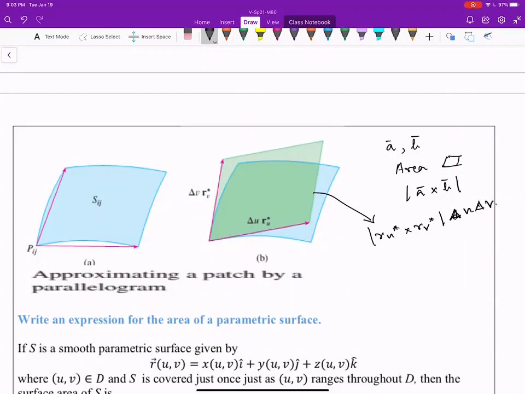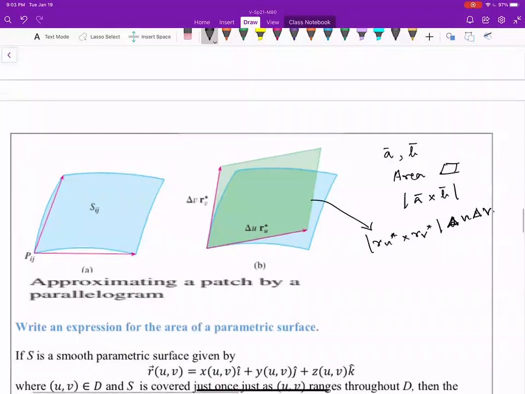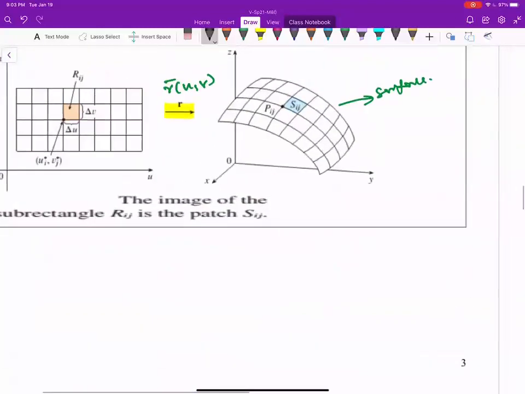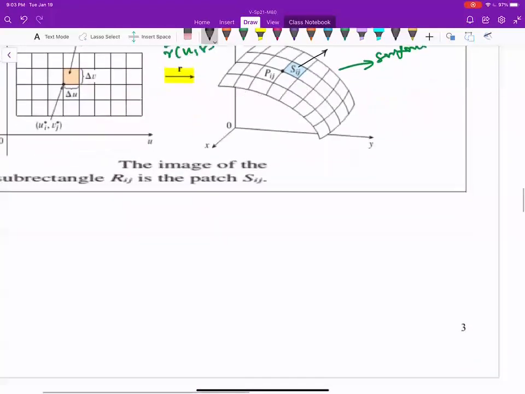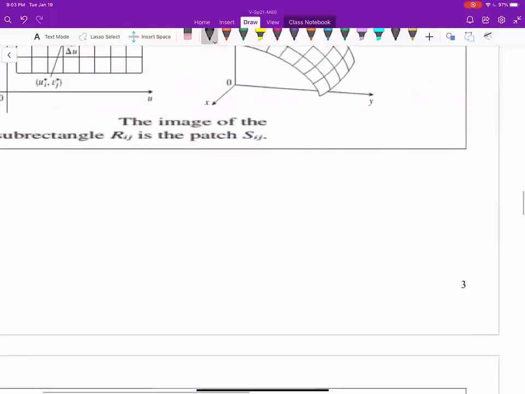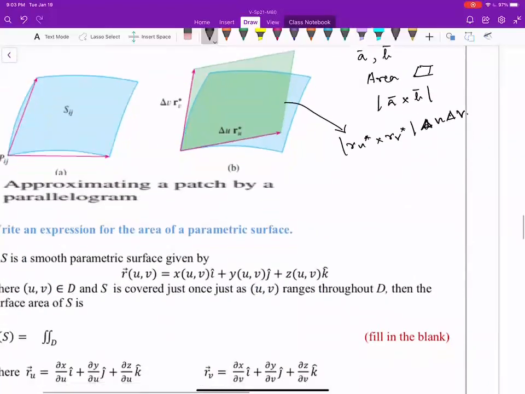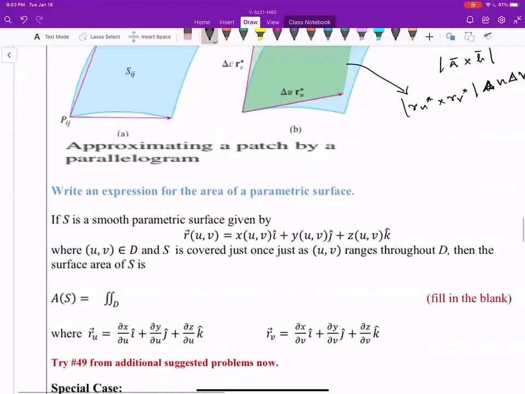You can do this for every patch like Sij here, all over the surface, and add them all by a Riemann sum. That will become an integral. That is the whole point of the basic concept behind surface area.